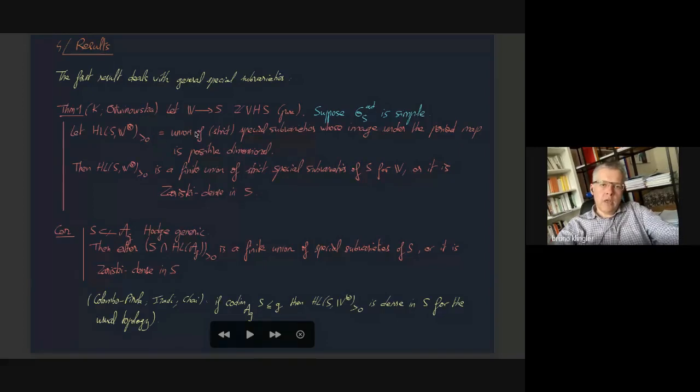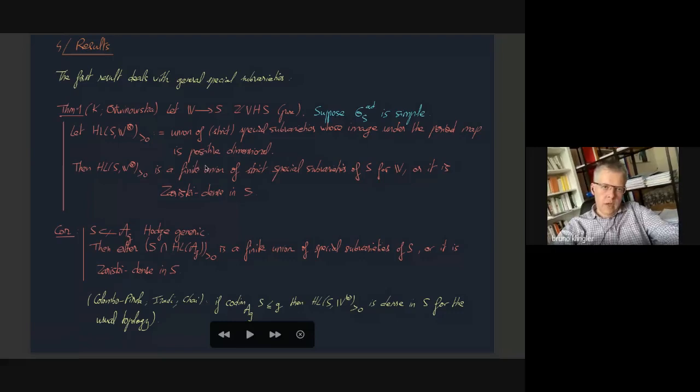So in other words, I take the union of all the special subvarieties whose image is not a point, but is really positive dimensional inside the period domain. And then, surprisingly, we can completely describe the distribution of such a locus. So we don't understand the distribution of special points, but we understand the distribution of the positive dimensional components. And there are only two options.